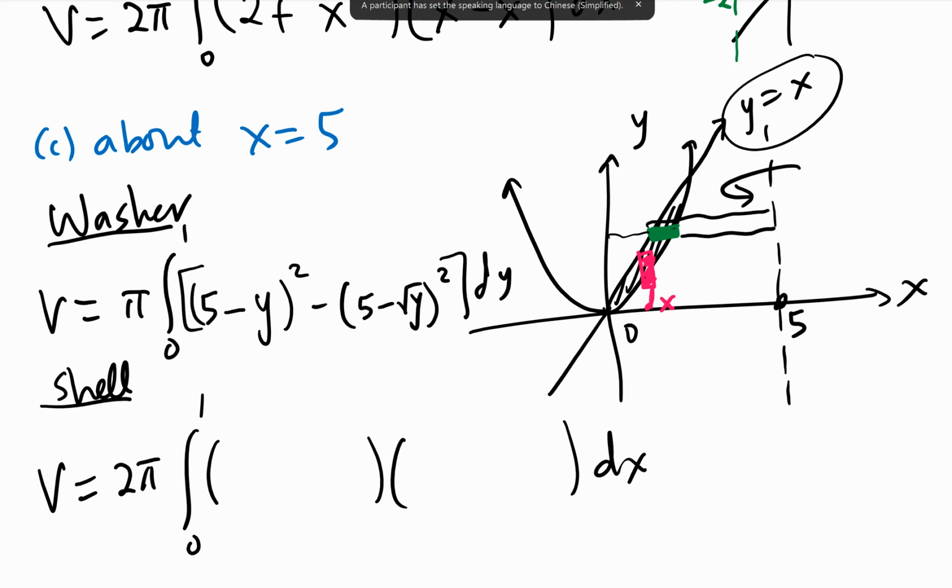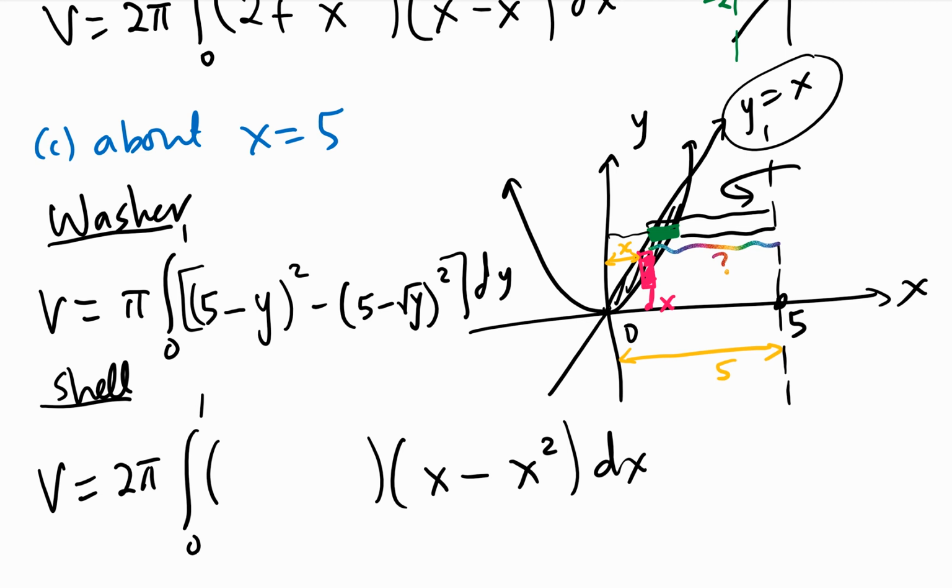The height of the rectangle is x minus x squared, and the distance from the axis of revolution to the rectangle, it's this distance from here to here. What is that distance? Well, this is 5, the whole 5, minus the x. 5 minus x.